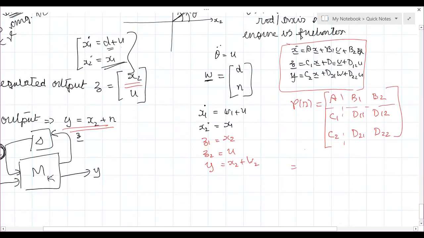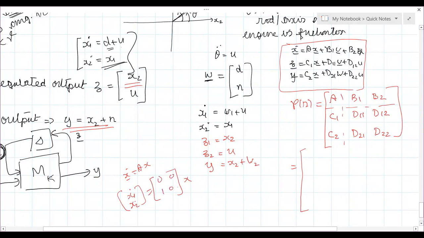So what do you get? Tell me. What's your A matrix? What will be your A matrix from here? X dot equal to AX. Okay, so here you have x1 dot, x2 dot equal to some blah blah blah into x. So x1 dot equal to what? No x term. So 0 0. What is x2 dot? 1 0.